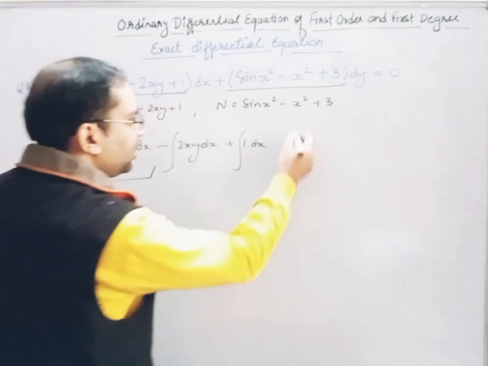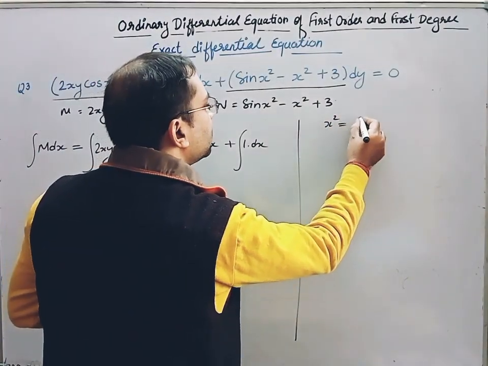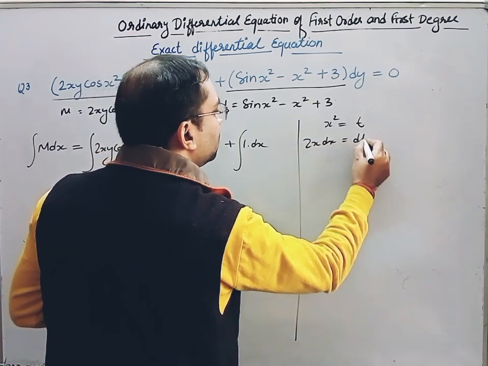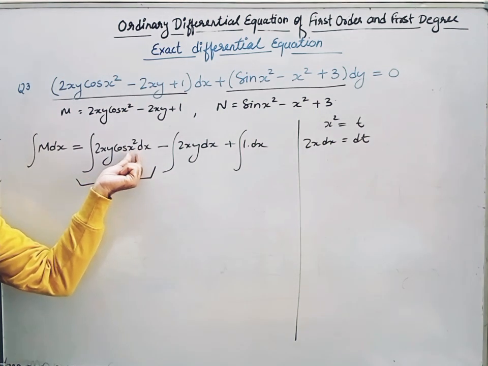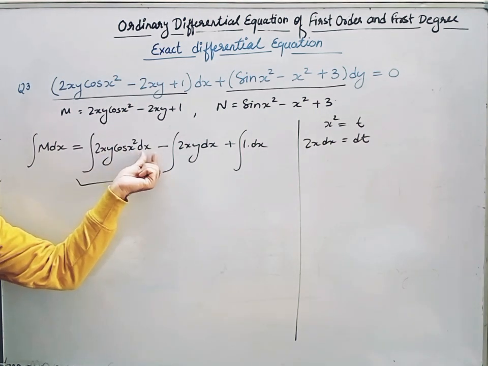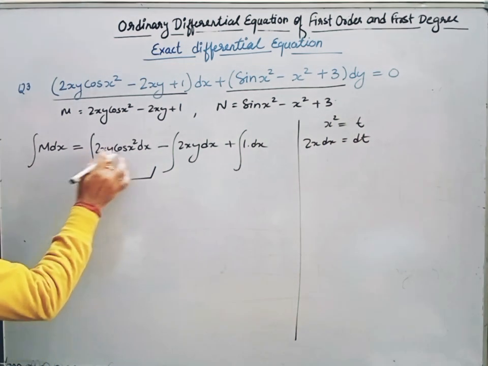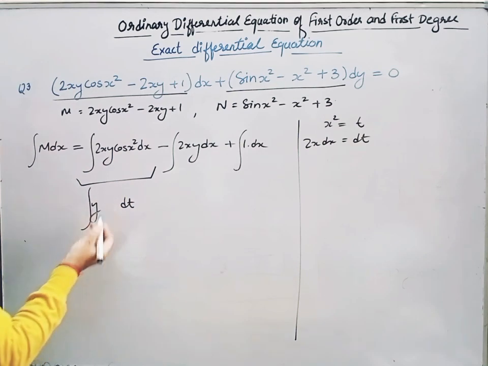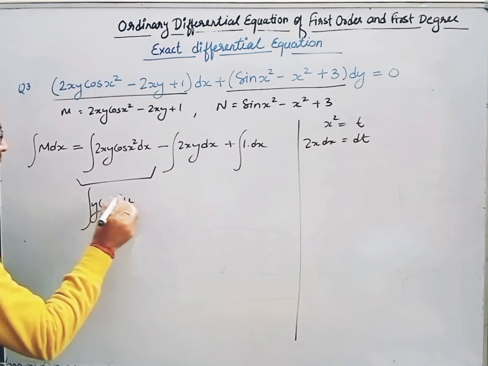So let me write it here. We'll substitute x square as t, which gives 2x dx equal to dt. So here we can see x square will become t and 2x dx will become dt. So we are left with dt, y will remain the same as it is a constant, and cos of x square will be cos of t.